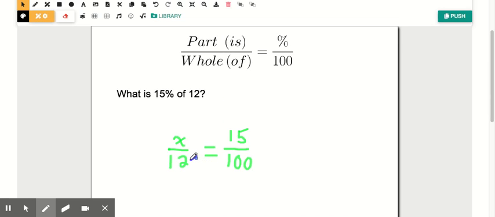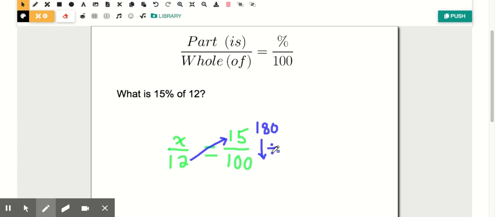I'm going to do 12 times 15, and when I do 12 times 15, I'll get 180. Then I'm going to go down and divide by 100.